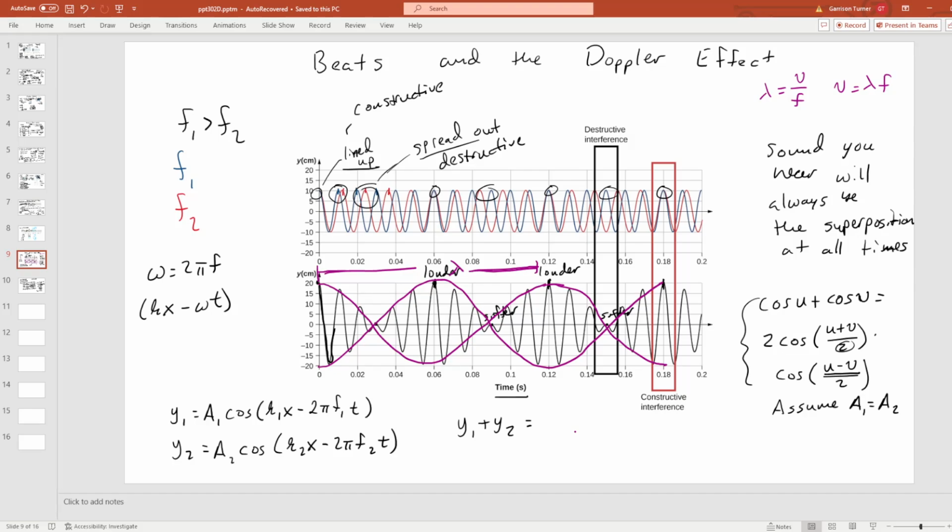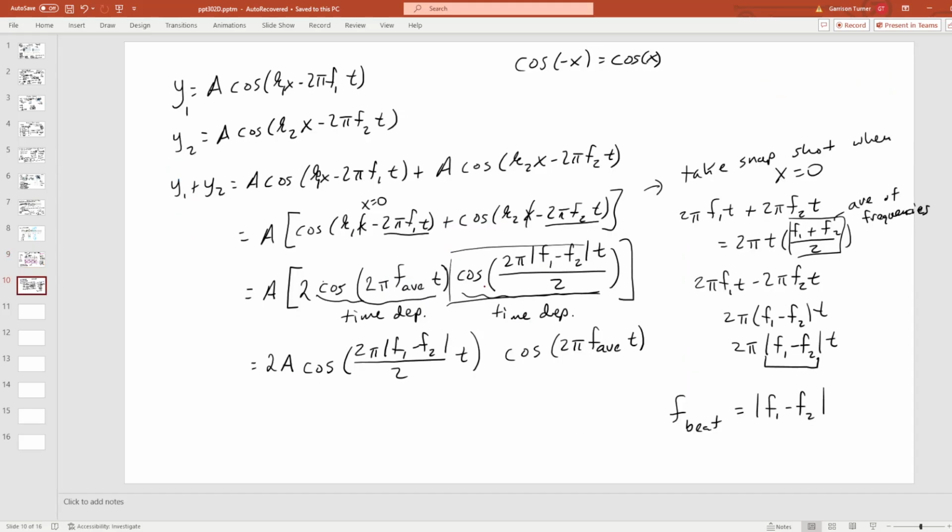And so what this means is that we consider this to be the time-dependent cosine function running through your signal. And then this is your amplitude. But as you can see, your amplitude is time-dependent. So your beat frequency is the frequency with which it takes for your beats to line up.